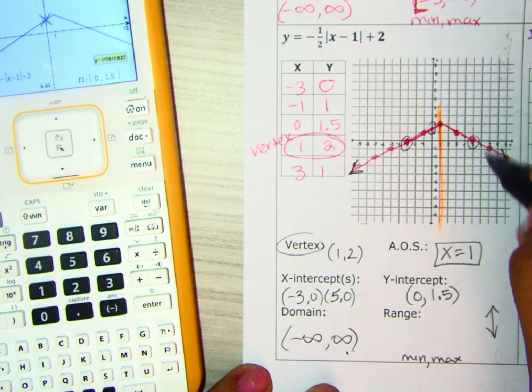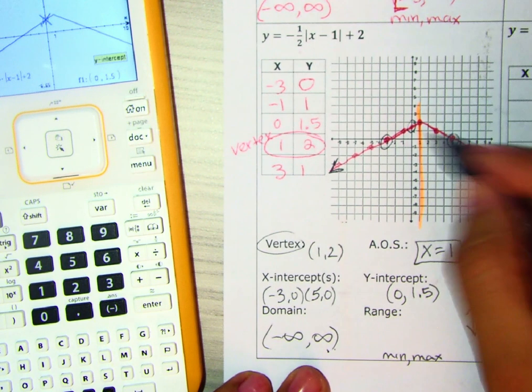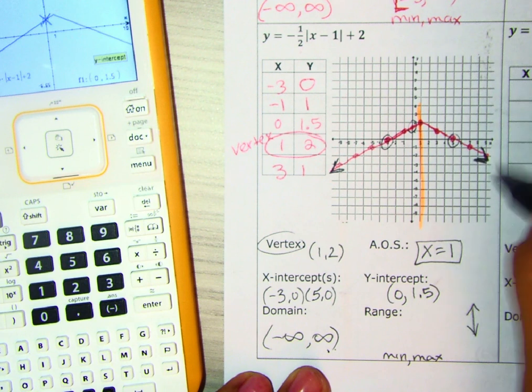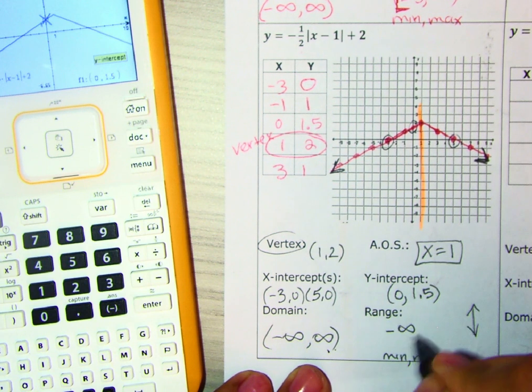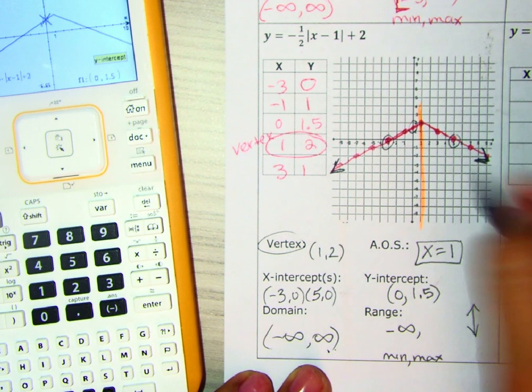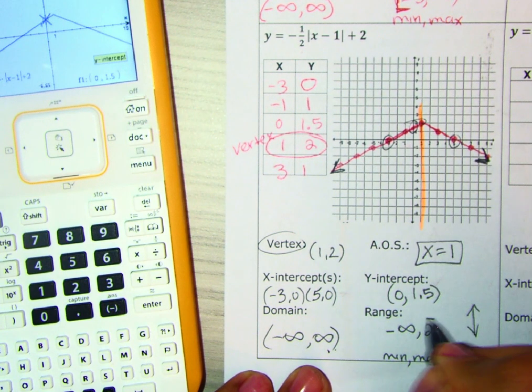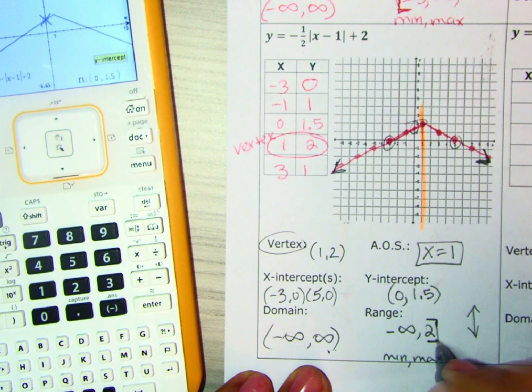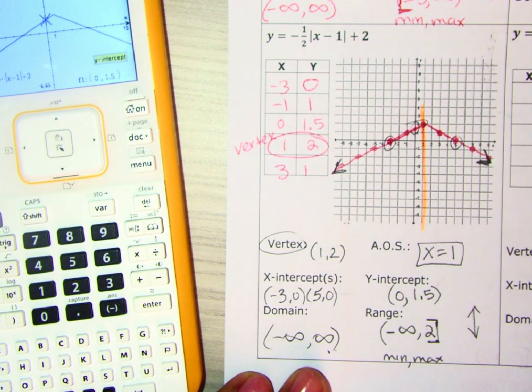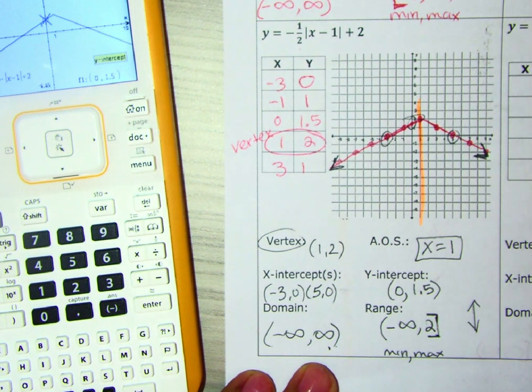What's the lowest that this graph is going? Because it's going down forever based on the arrows, we're going to have -infinity first, then the highest, the maximum. The maximum is 2. Because we are touching 2, we're going to put a bracket, and then parentheses for infinity. So this is the analysis for the 6 attributes for this example.